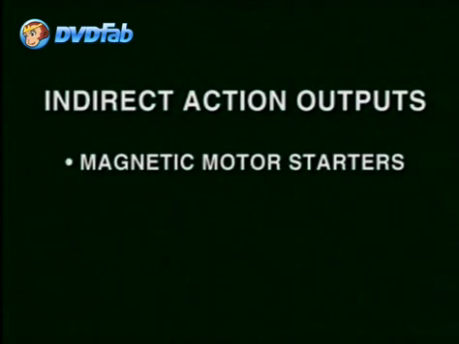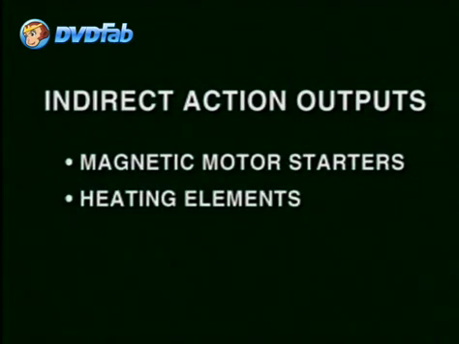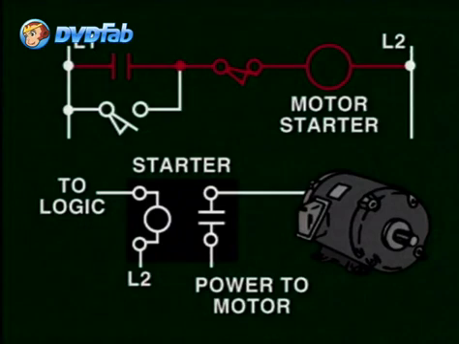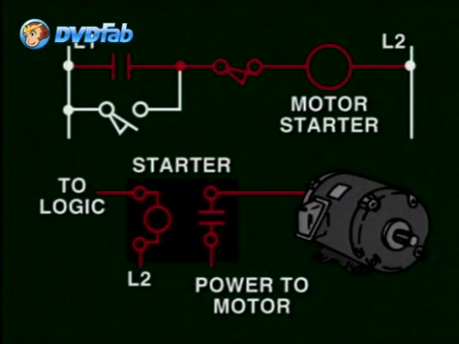Indirect action includes devices such as magnetic motor starters and high current heating elements. This output action is indirect because, like in the case of a motor starter, even though the starter coil is energized, it is not the one which actually starts the motor that causes output work. The coil, when energized, makes the contacts of the starter close so that the motor starts.